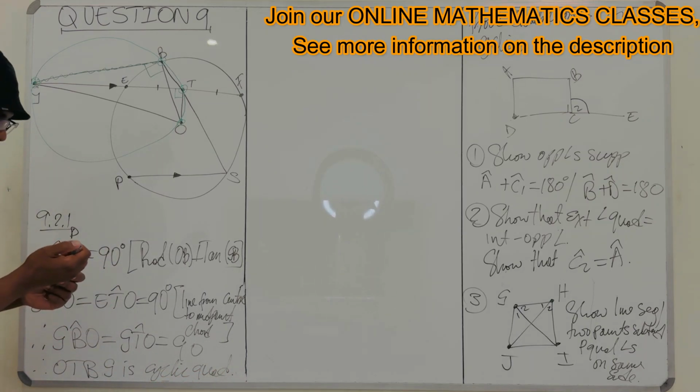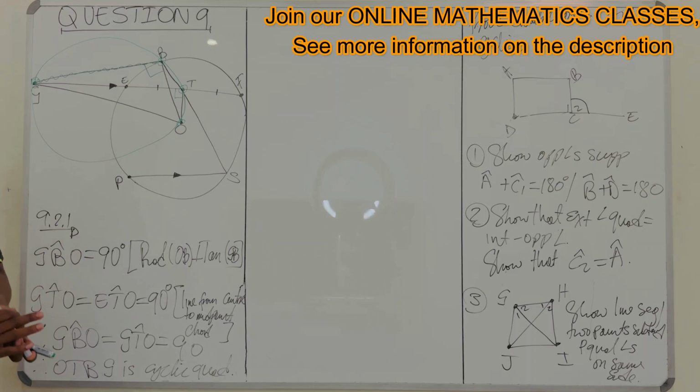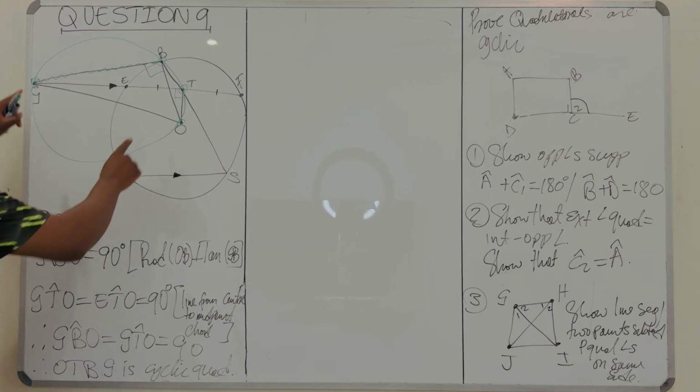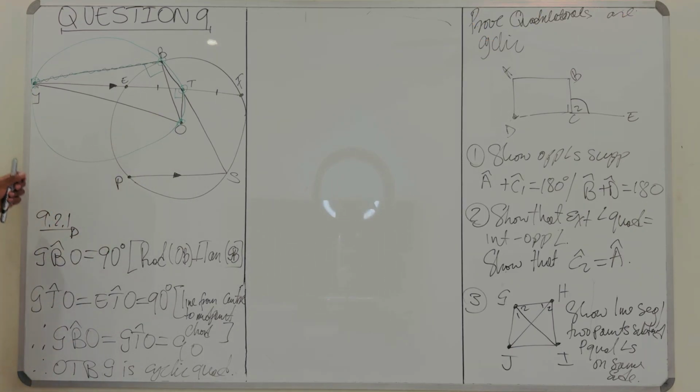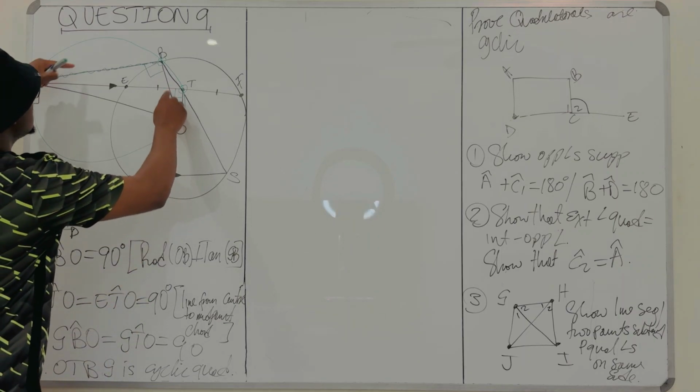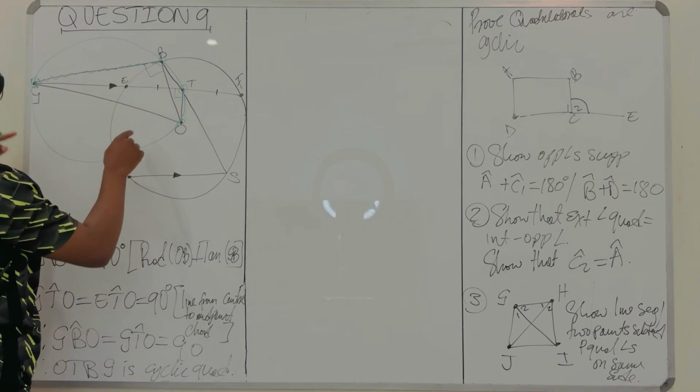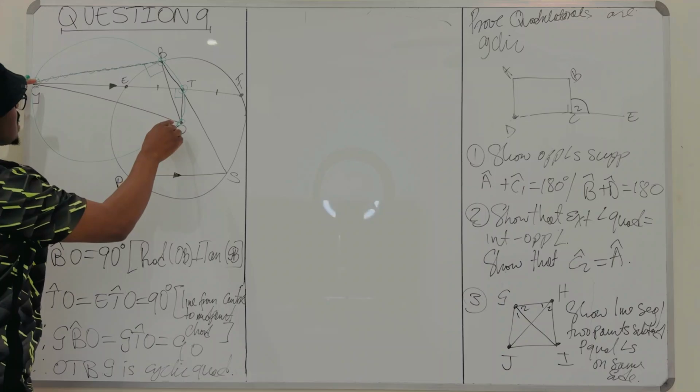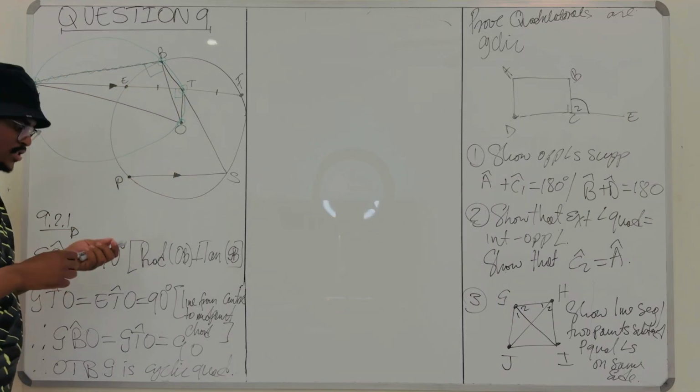Why am I saying this? The reason I'm saying this is because the line GO subtends equal angles on the same side. So this side of the cyclic quadrilateral subtends equal angles on the same side.